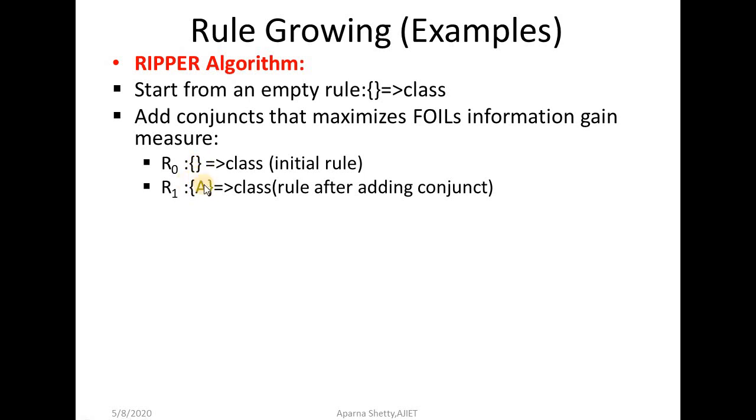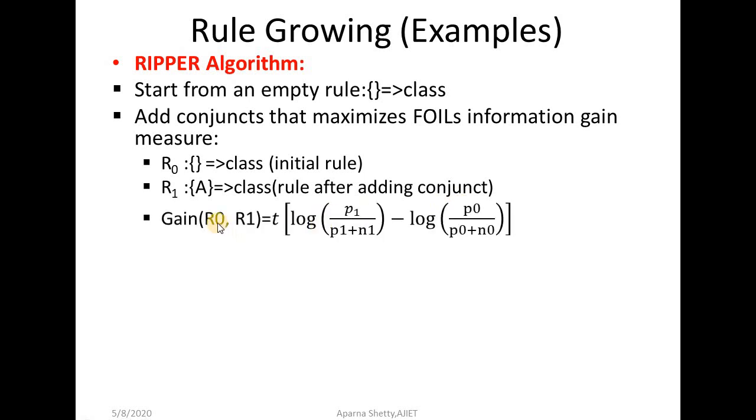Next we will have to calculate the FOIL's information gain for R0 and R1 using this formula. So this is the formula to calculate the FOIL's information gain for the rules R0 and R1.